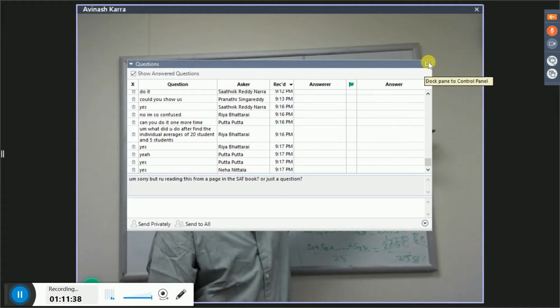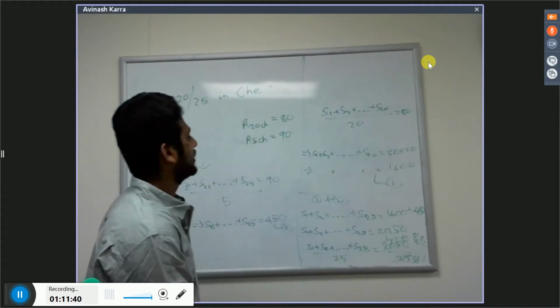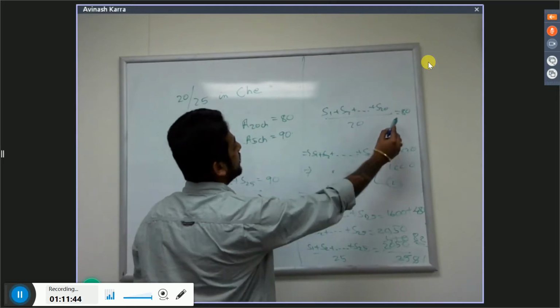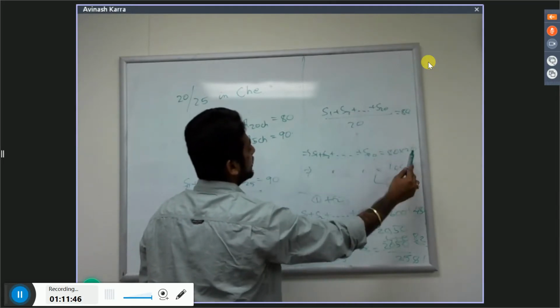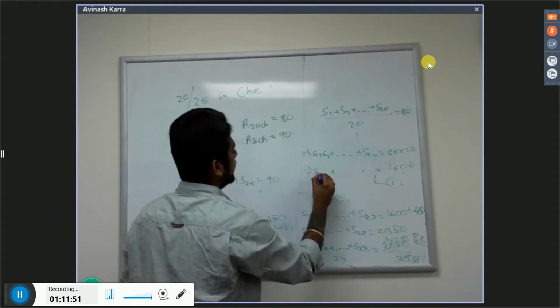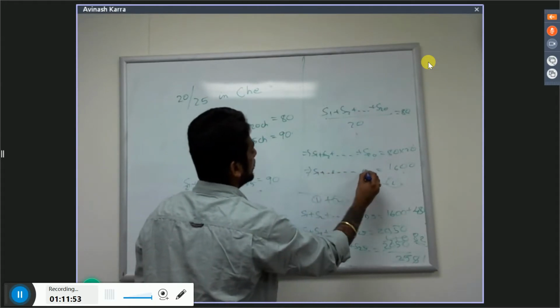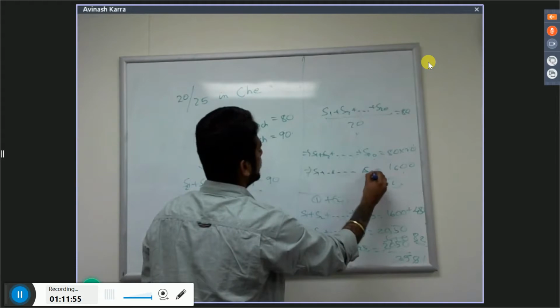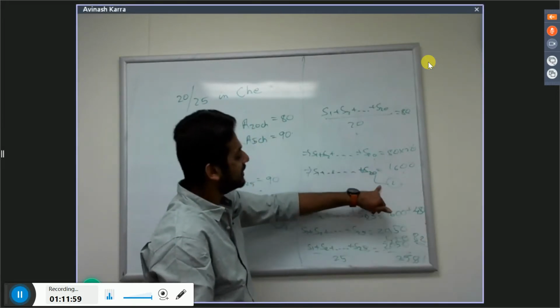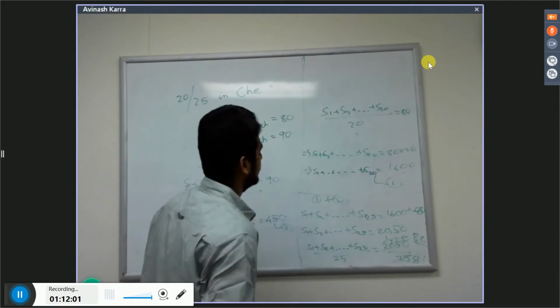When it goes to the RHS, it multiplies. So S1 plus so on to S20 is equal to 80 into 20, nothing but 1600. Let us mark it as equation 1.